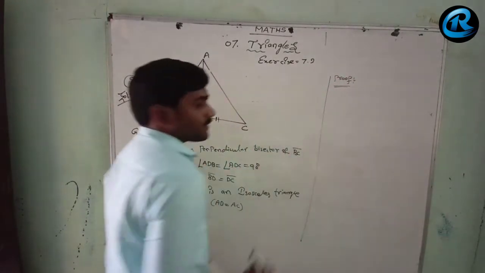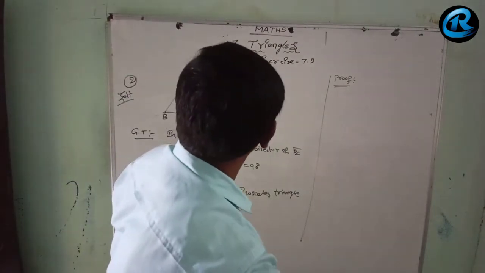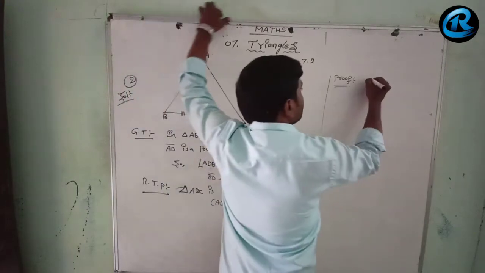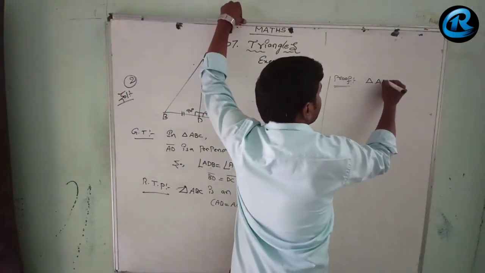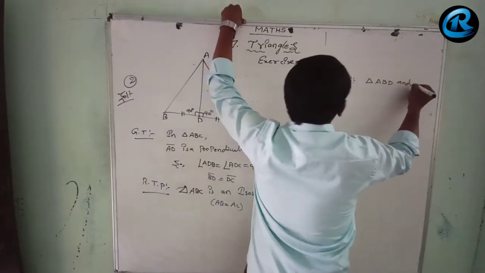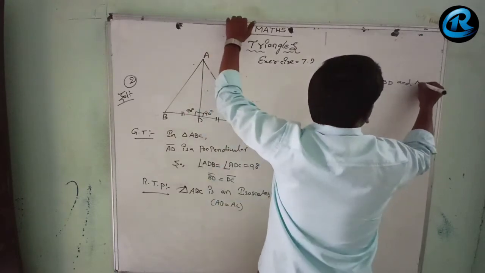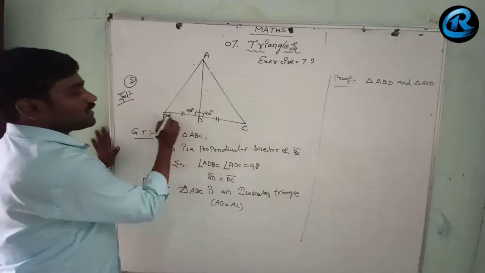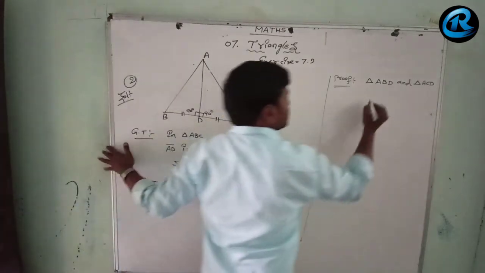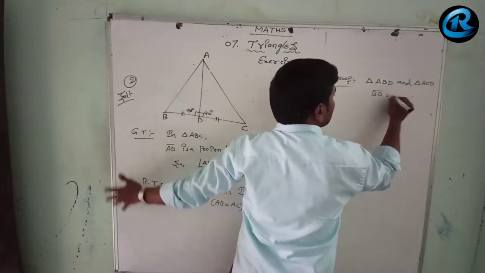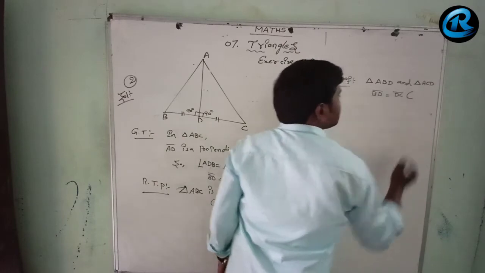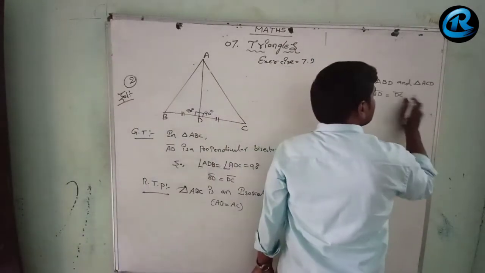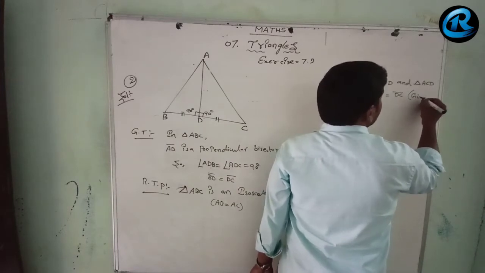See how can we go for the proof now? Simple. Now you take triangle ABD and triangle ACD. In these two triangles, just observe that here BD equal to DC. BD equal to DC, bisected sides, already given. It is a given side.